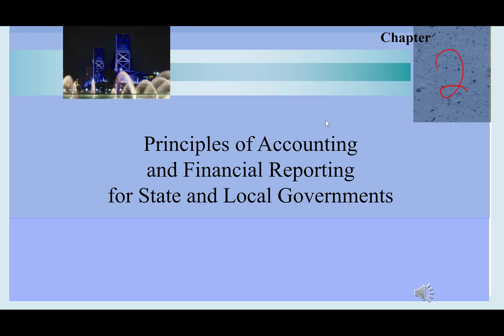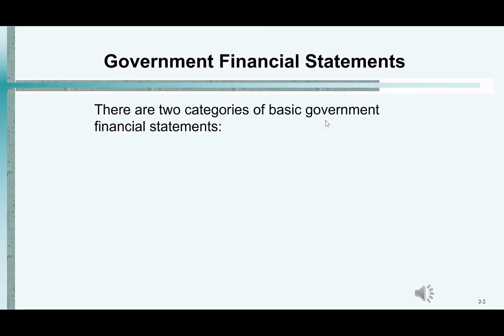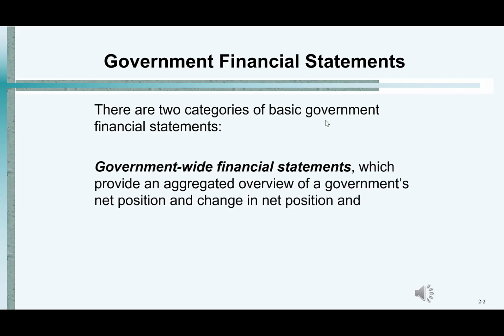Okay, so let's just go ahead and remind ourselves that we have our government-wide financial statements, and remember, for the government-wide statements, we have what? We have the statement of net position. Statement of net position is like the balance sheet, and then we have something called the statement of activities that will explain the change in net position.